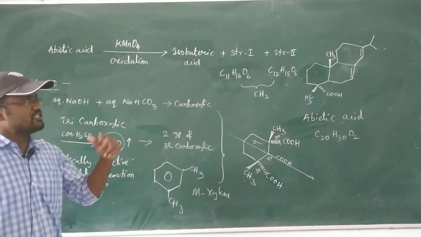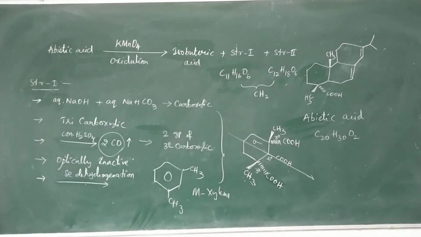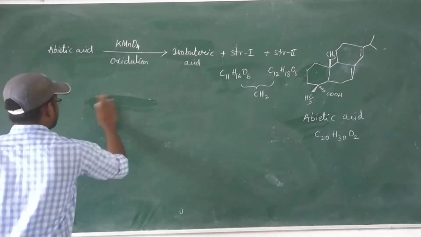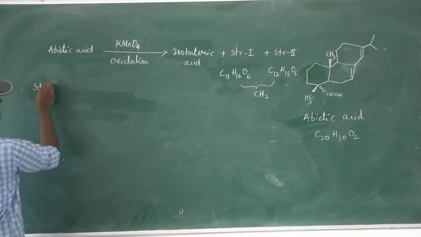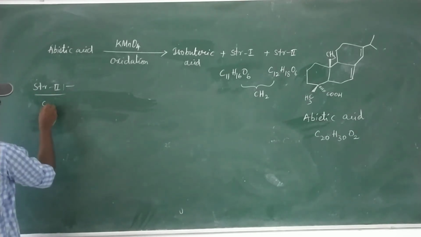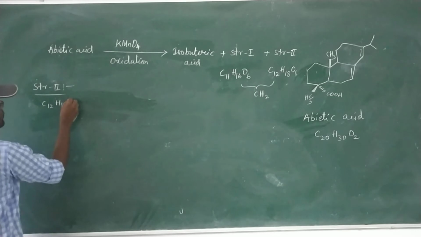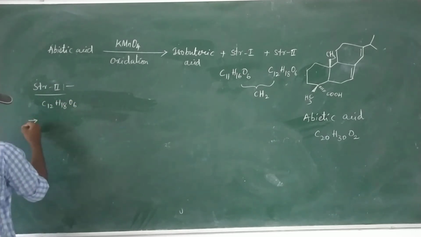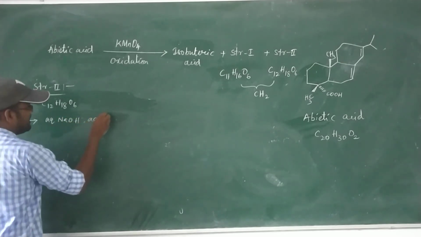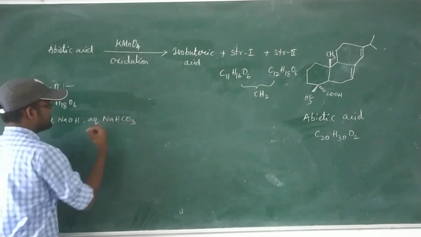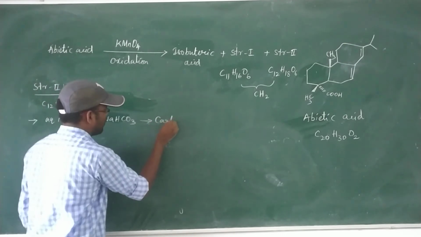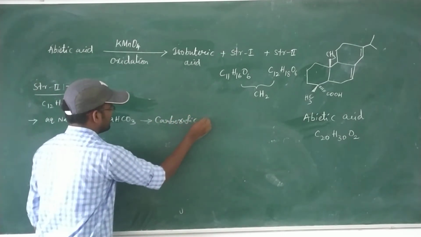Next let us see the structure 2 information. We already know structure 2 has the molecular formula C12H18O6. From the reaction with aqueous NaOH and aqueous NaHCO3, structure 2 is also a carboxylic acid.